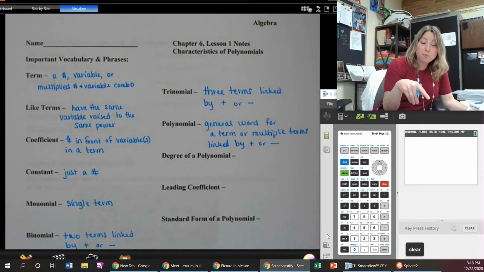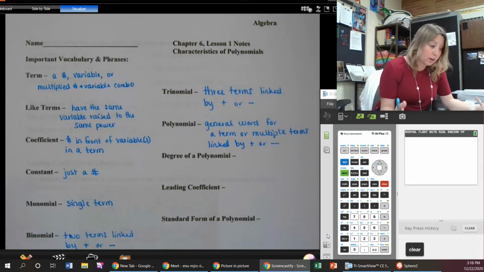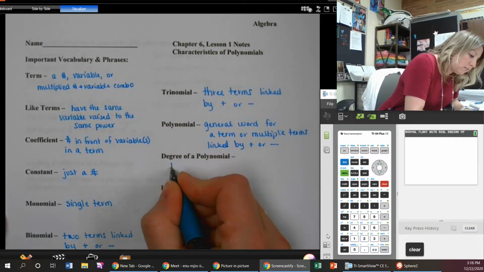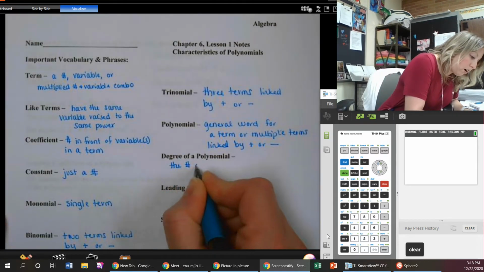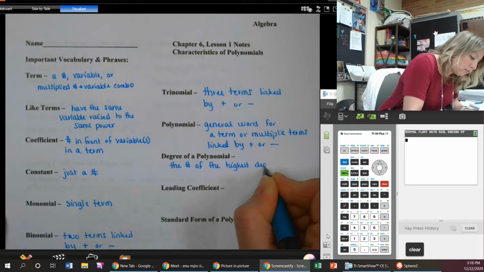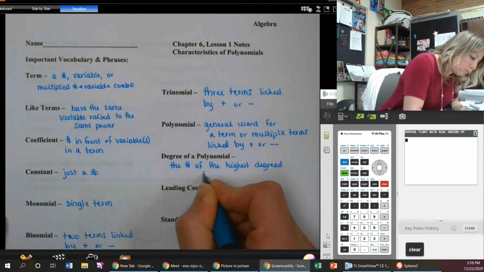Now, the degree of a polynomial is one of the things we're going to discuss and study, and that is the number of the highest degreed term.